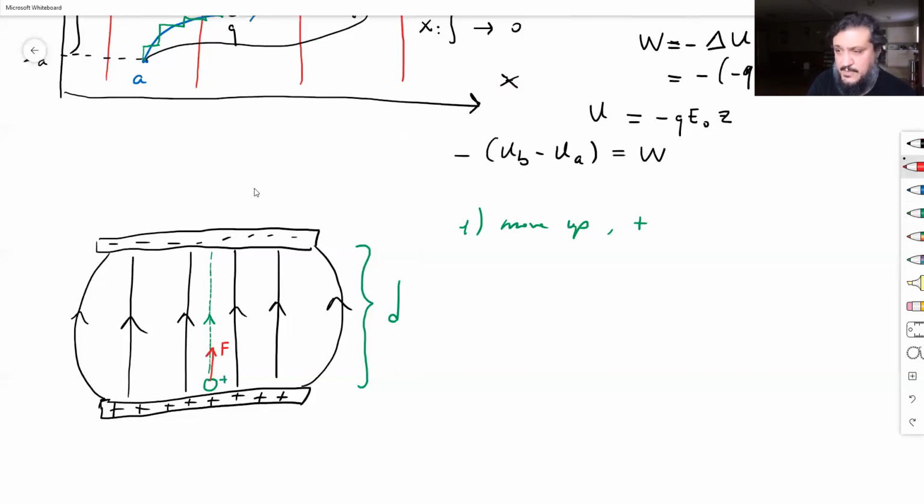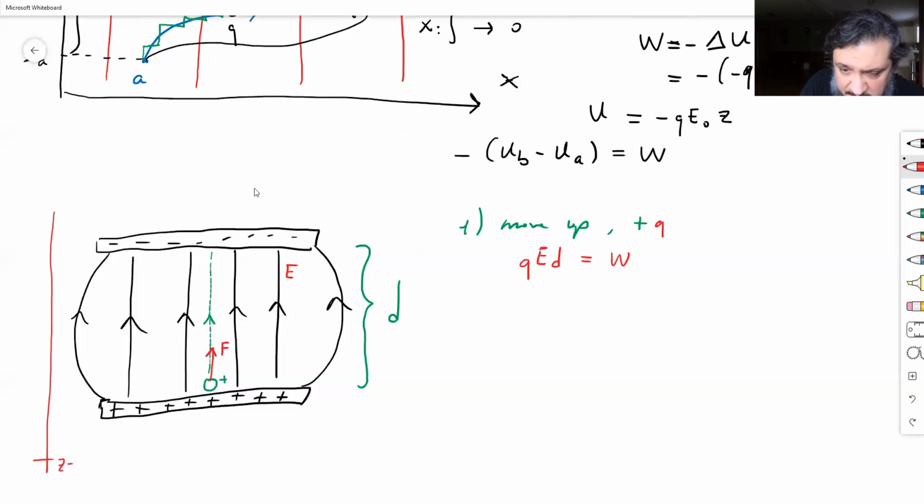So positive charge. Multiply this charge by the electric field. That gives you the force, F, and multiply F by distance. This will give you the work done. If you want, you could use your z coordinate again, like you did.